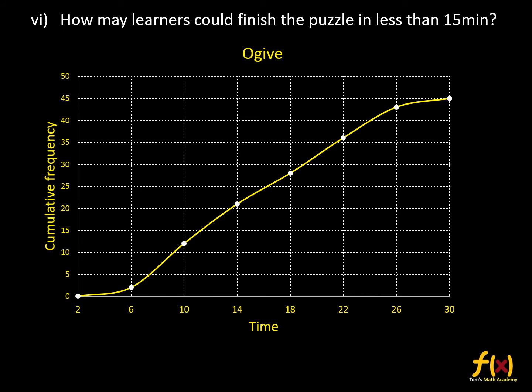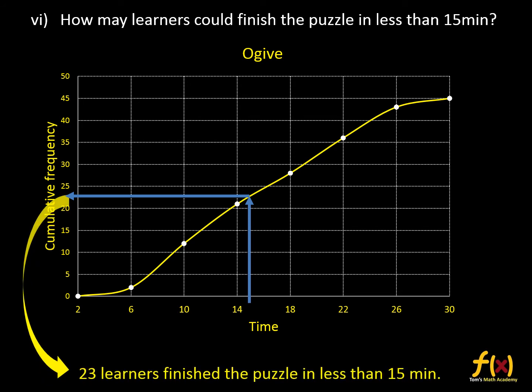We go from 15 minutes to the ogive and then from there we look for the number, that is between 20 and 25, it's almost 23. So 23 learners finished the puzzle in less than 15 minutes. Okay, so that is the answer.